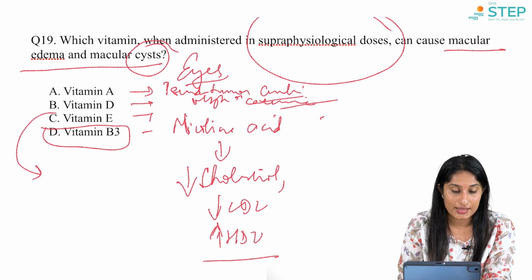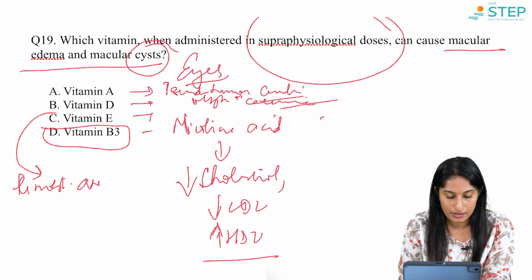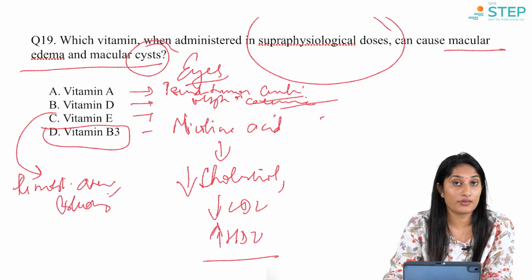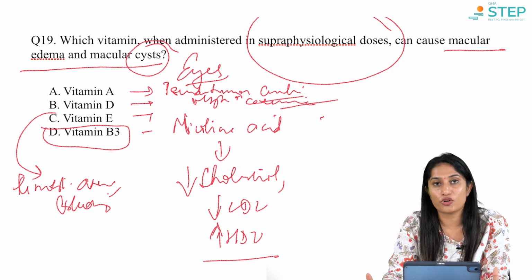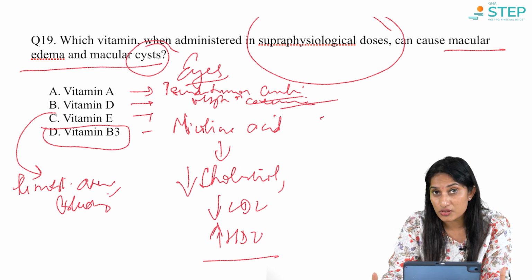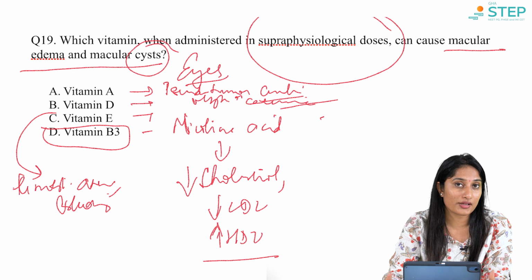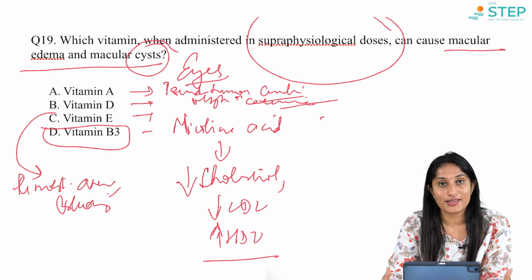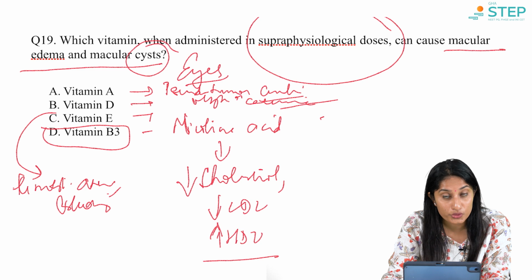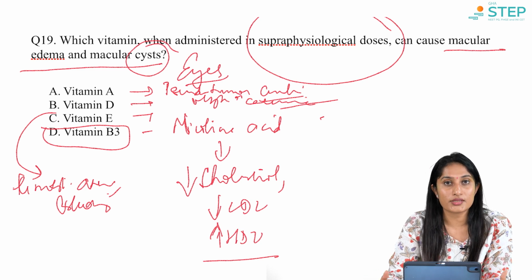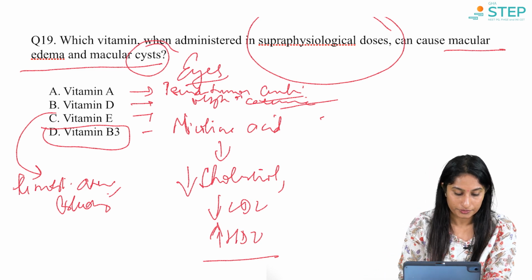Vitamin E excess would generally cause hemolytic anemia or bleeding, mostly the bleeding tendencies. So, A, D, E, though being fat-soluble vitamins, do cause toxicity but do not cause macular edema and cyst. Niacin, being a water-soluble vitamin, when given in therapeutic form, would cause these symptoms.